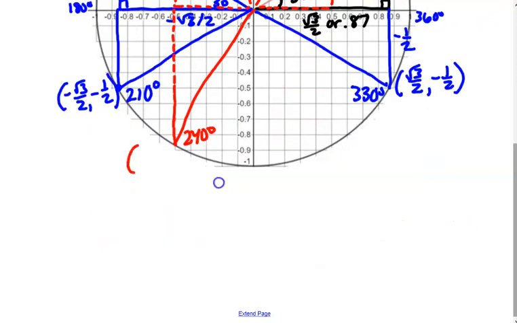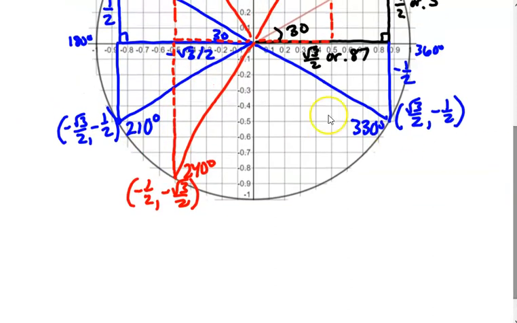Its coordinates are negative 1/2, negative square root of 3 over 2. Notice the 1/2 and the square root of 3 over 2 switch places when we go from 30-degree reference angles to 60. The last one now is going back in the positive direction for the adjacent side, so positive 1/2, negative 0.87, or negative square root of 3 over 2.